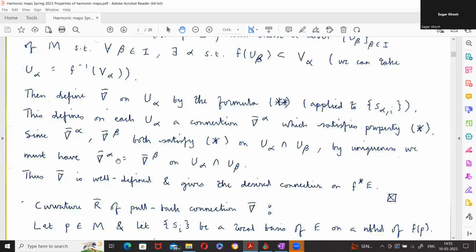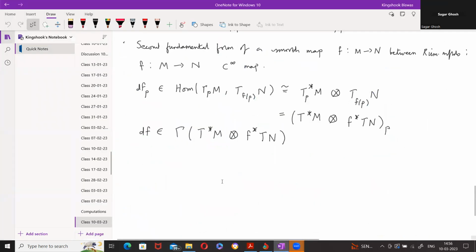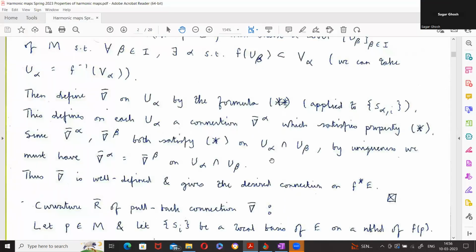Therefore, they patch up to give a global connection on the whole manifold M for the bundle F star E. Is this okay? Any questions? Yes, sir. This is fine.